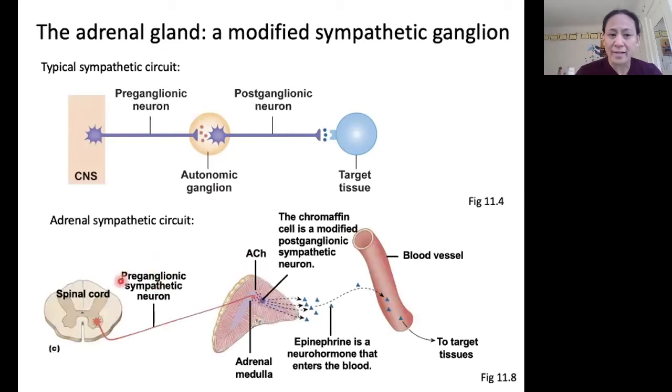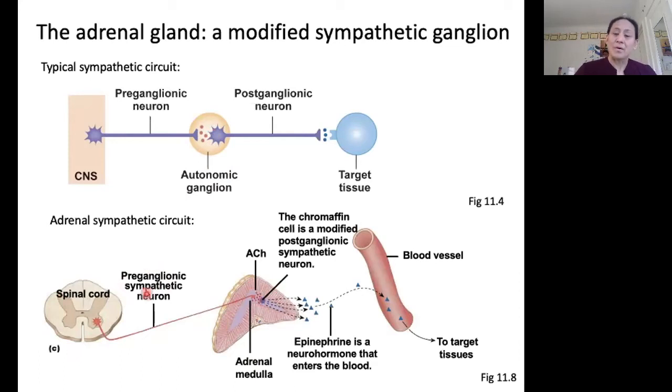You have a preganglionic neuron leading from the spinal cord, the central nervous system, to the adrenal medulla. So you can see that instead of having the autonomic ganglion here, you have the adrenal medulla here. So that's what we mean by a modified sympathetic ganglion. It's basically taking the place of the autonomic ganglion in the circuit.